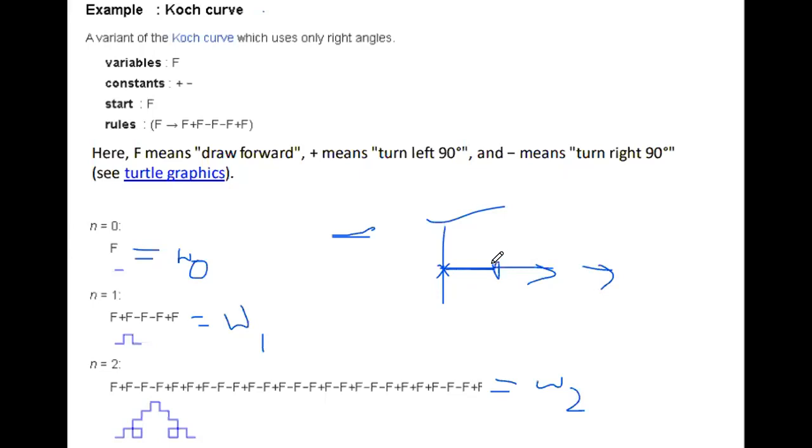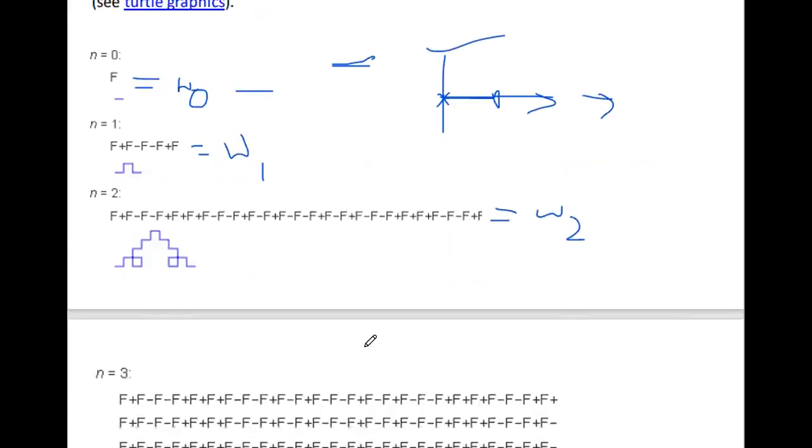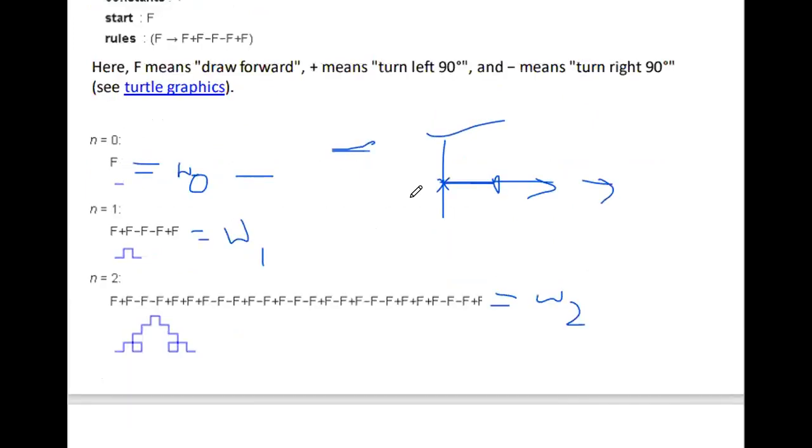So if you have F, you can visualize it like this. Let's say you have a word like this, what is the graph of that? I will draw in a different color.